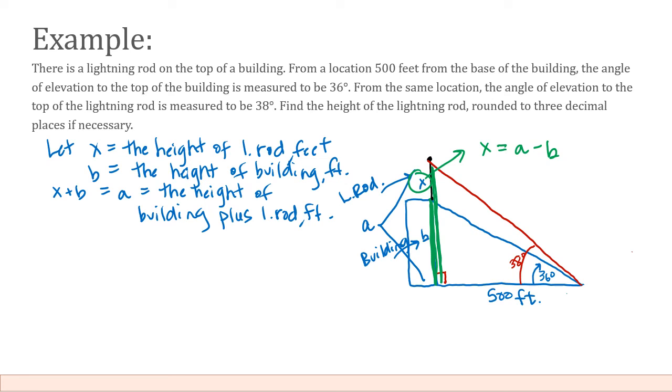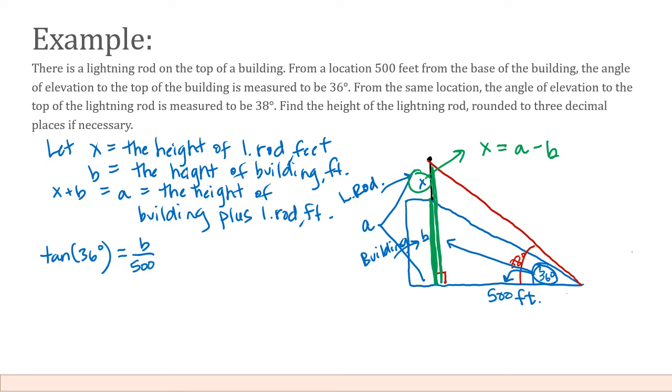Now the reason why I wanted to do that is because side b is part of a right triangle, right? And that right triangle has a base angle of 36 degrees. I want to find the side opposite it, and I know the side adjacent to it. So I'm going to say that the tangent of 36 degrees is equal to the side opposite, which is b, over 500 feet.